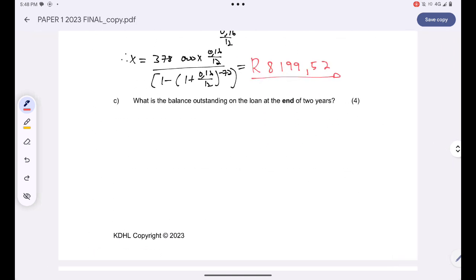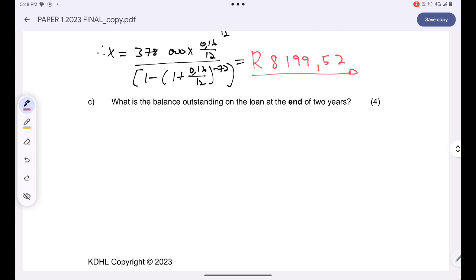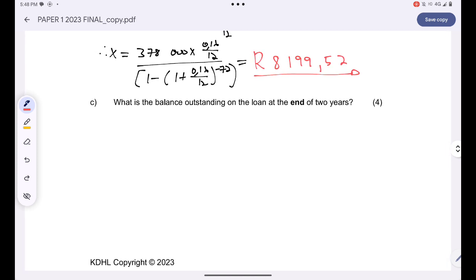Okay, now they're asking us to find the outstanding loan balance at the end of 2 years. There are two ways in which you can calculate the outstanding loan balance. You can simply use the present value, which I do not like, or use the equation that says the outstanding loan balance is equal to A minus the future value of the payments.